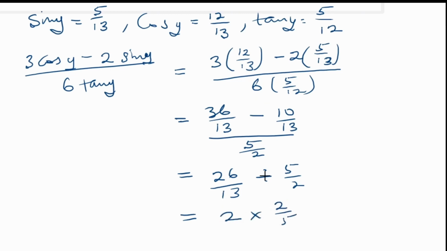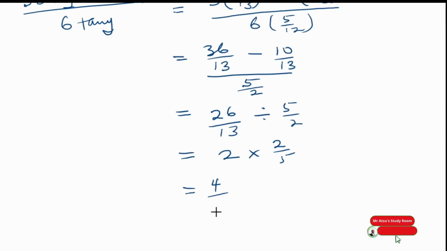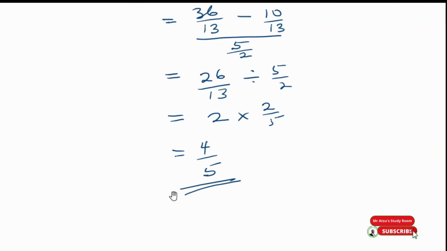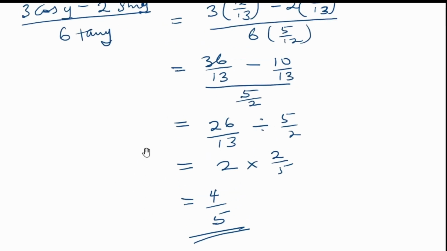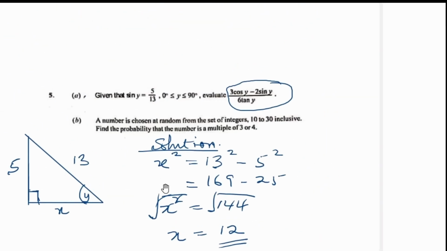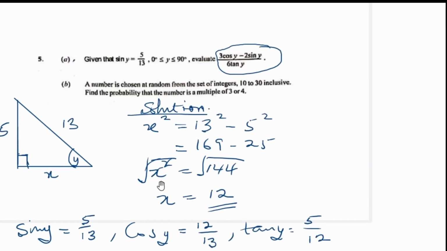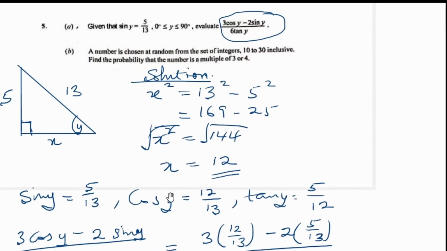Remember, the division has been changed to multiplication, and that is going to give us 4 over 5. You can also plug the values into your calculator directly and then just hit enter to verify your answer. But remember, this is an essay question, so you'll be required to substitute the values and work it out to show your final answer. So you can only use the calculator to verify.